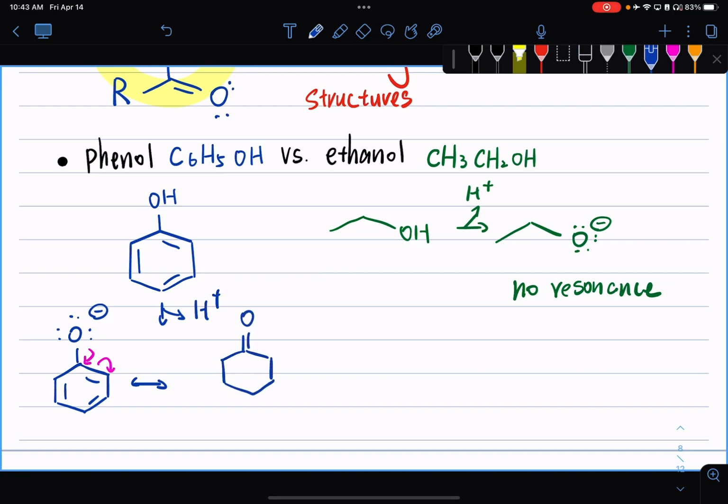So what we have is a neutral oxygen like that. You can further move that anionic species around throughout the ring to have other resonance structures. And we can move it one more time.